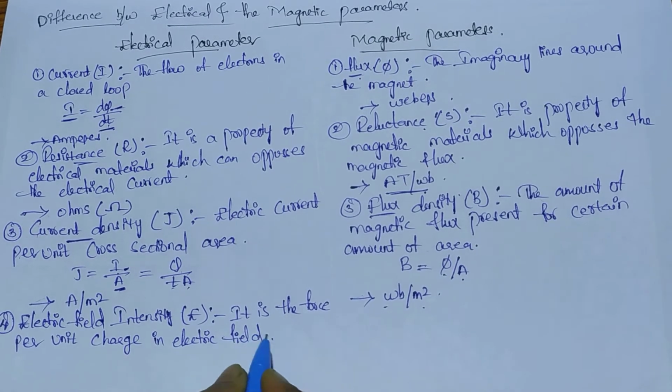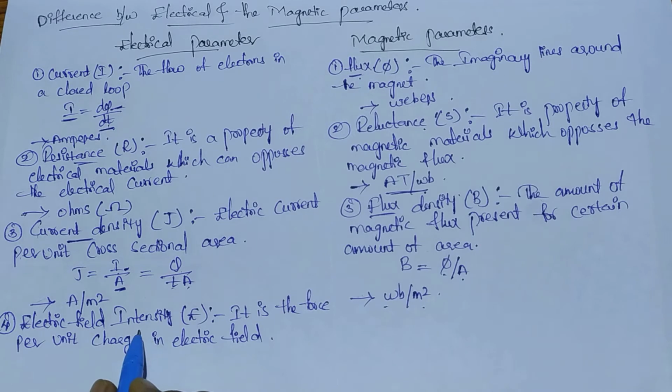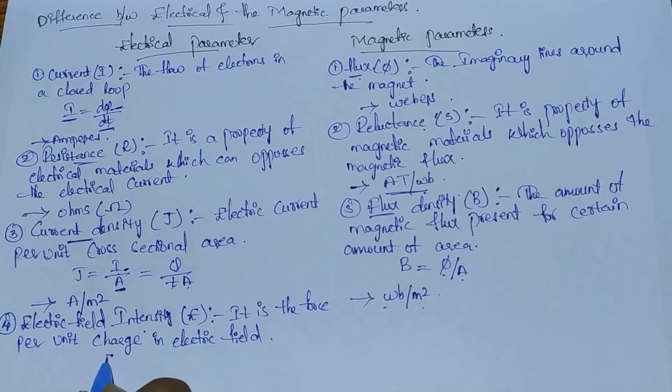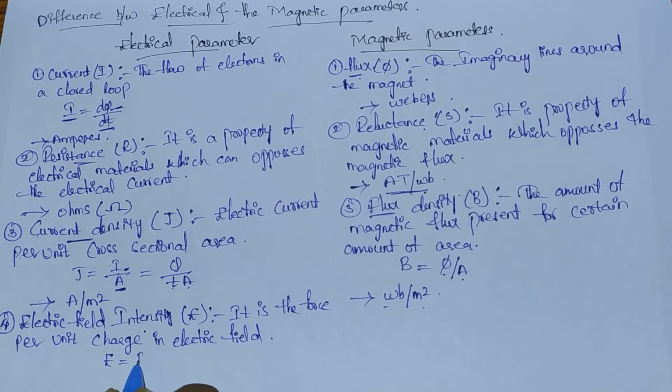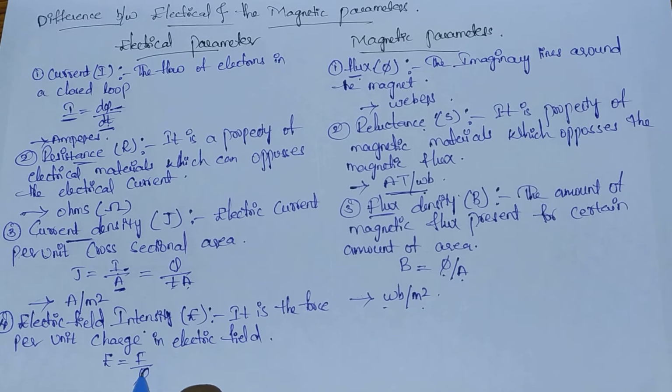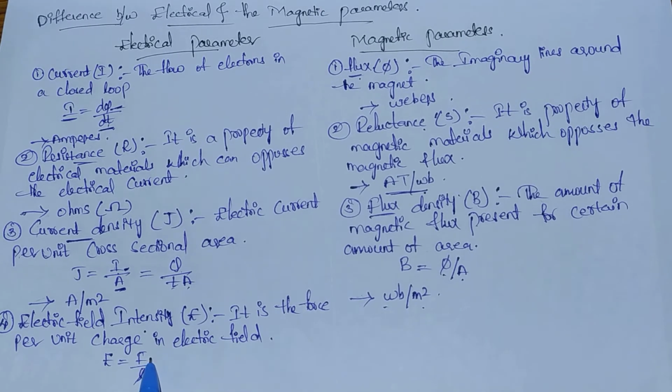So we can write E equals F by Q. It means whatever the force is, that will be respective to the electric field.